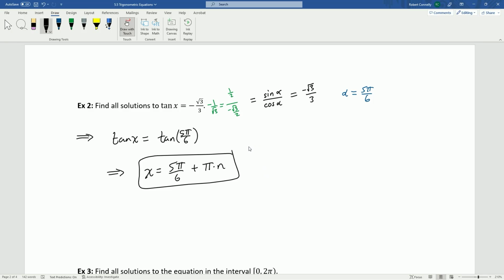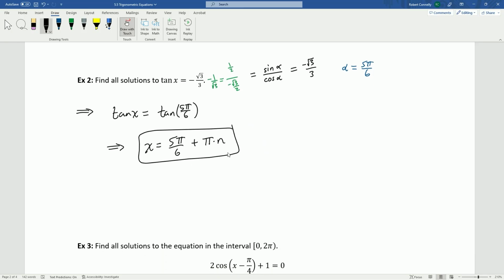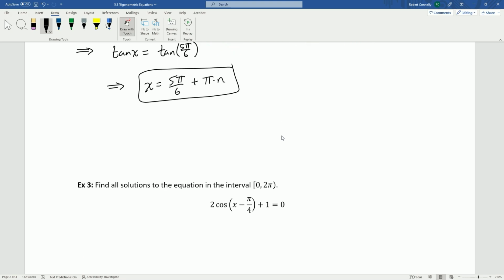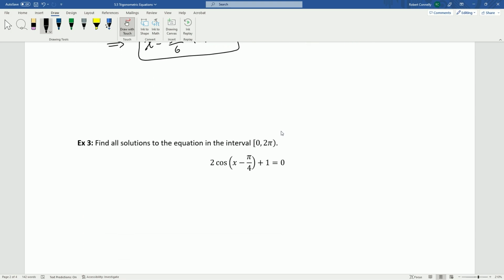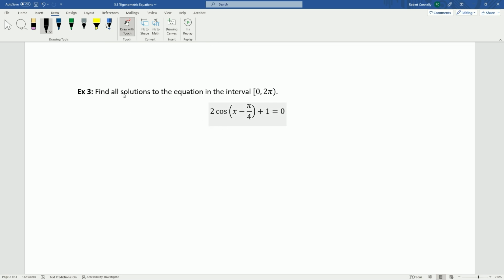Okay, so let's go ahead and apply this to a problem that's a little more complicated, just requires a little more algebra. It's not bad. Find all solutions to the equation in the interval 0 to 2 pi.